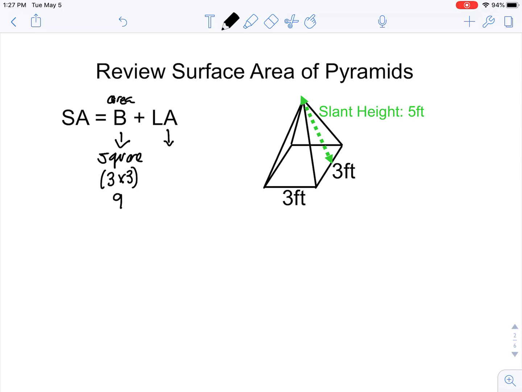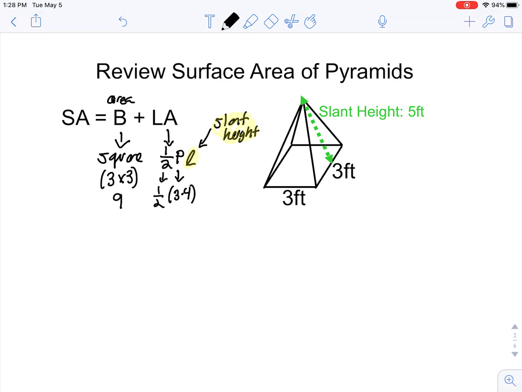Now, to find the lateral area of a pyramid, we can do a couple of things. One method was a formula. The formula we learned was 1/2 the perimeter times the slant height. And we did take some time to review that we use L for slant height rather than H for height. So if we use this formula, the perimeter of our square base is going to be 3 times 4 sides that are 3 each.